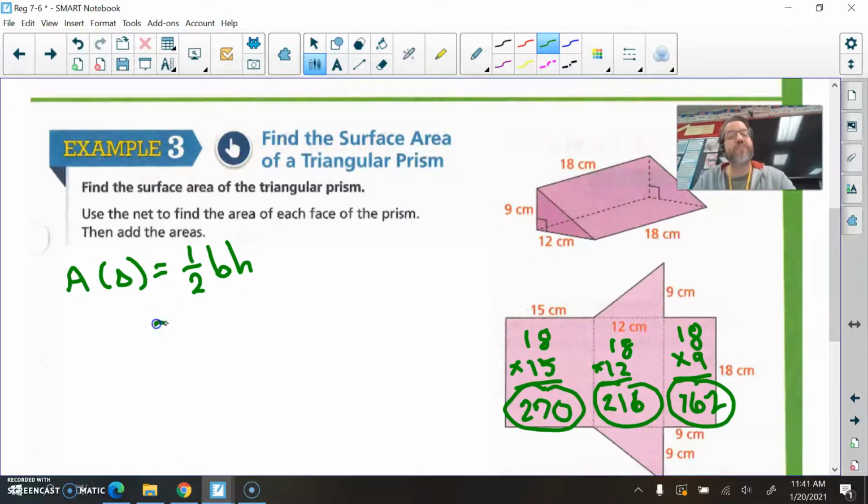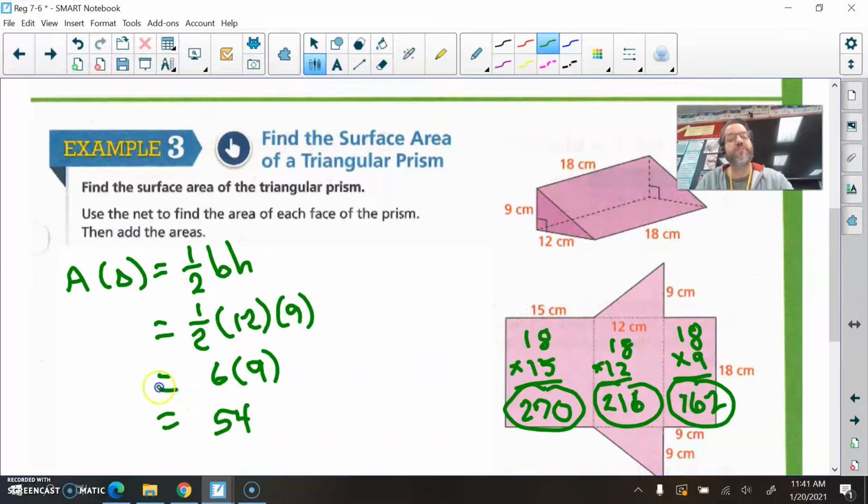So we have 1/2 times 12 times 9. Okay, well, half of 12 is 6, and 6 times 9 is 54. Okay, so that means this triangle has an area of 54. This triangle has an area of 54.